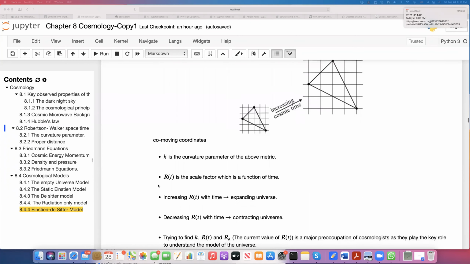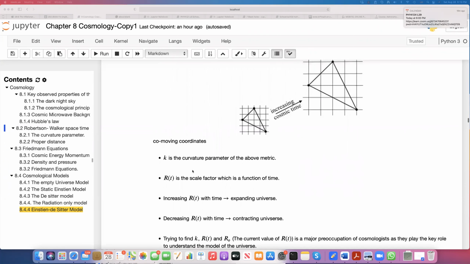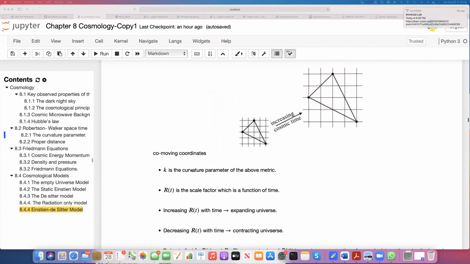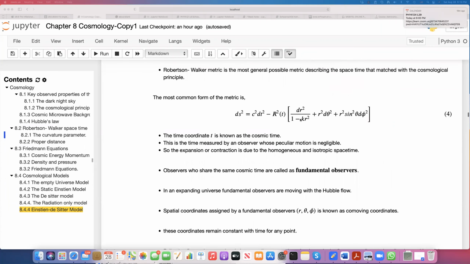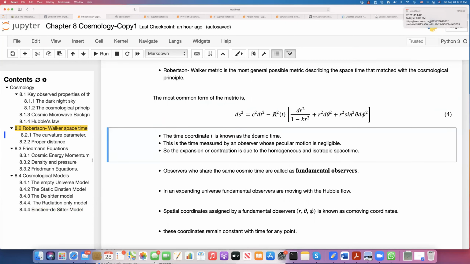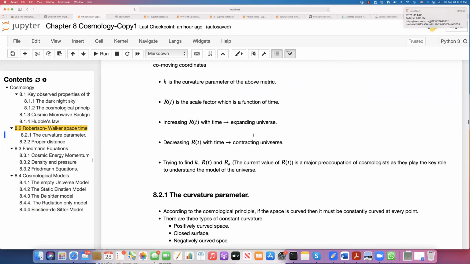And then I discussed the curvature parameter that is in that Robertson-Walker metric, and also how the expanding and contracting universe is related with the scale factor that you can see here in this Robertson-Walker metric, right? So that's a time dependence term.